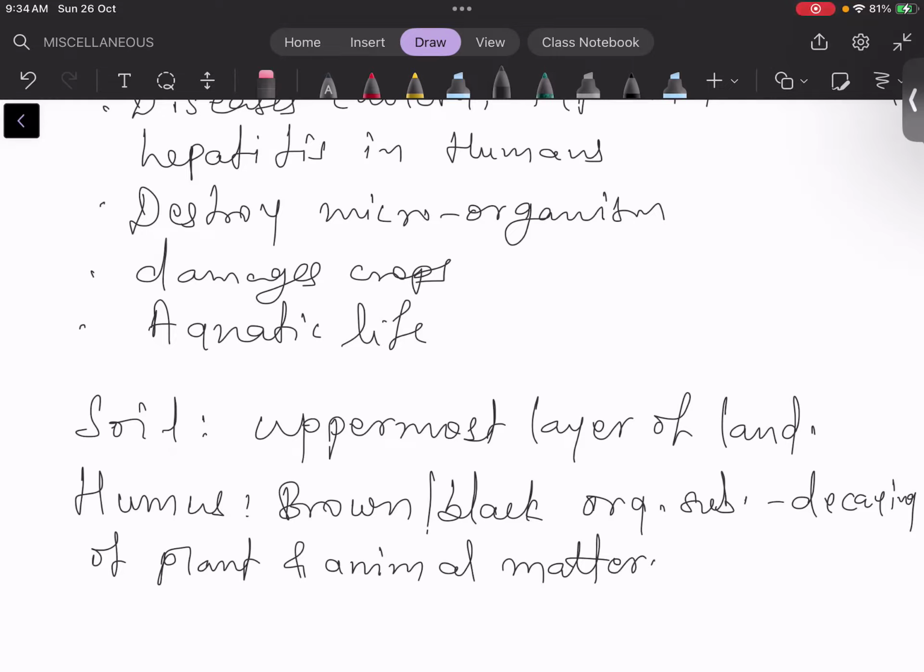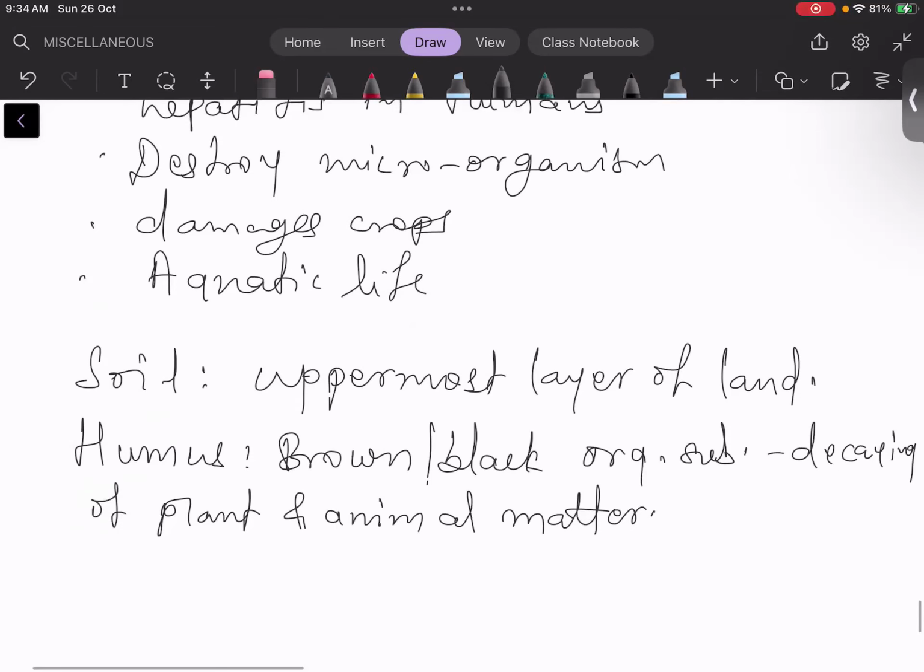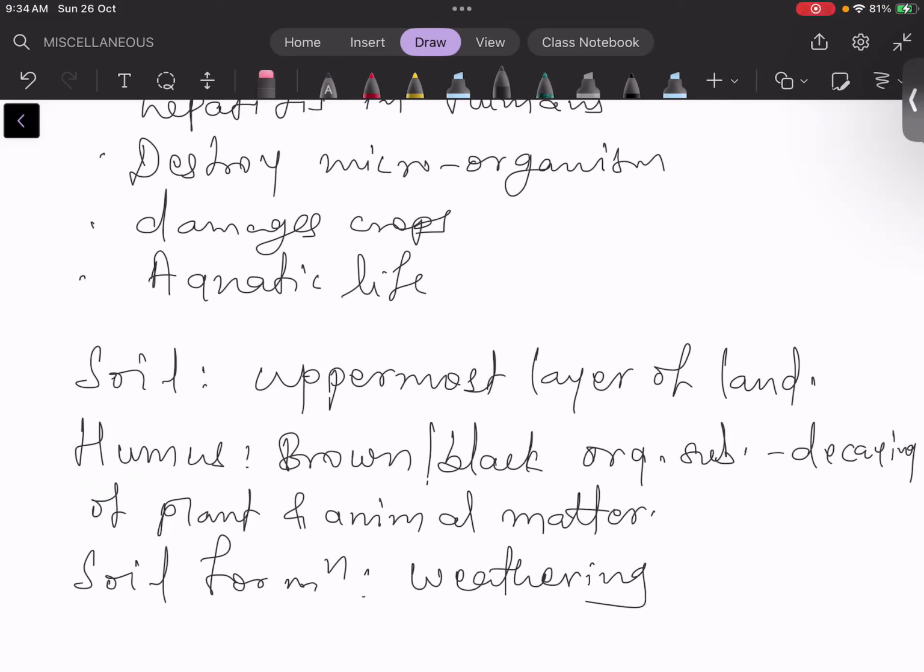Now, soil is a renewable as well as non-renewable natural resource. Soil formation takes place by the weathering process, of course weathering of rocks. They are driven by biological, climatic, geologic, topographic influences.